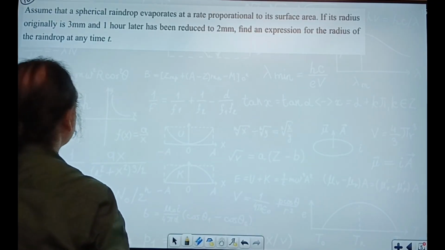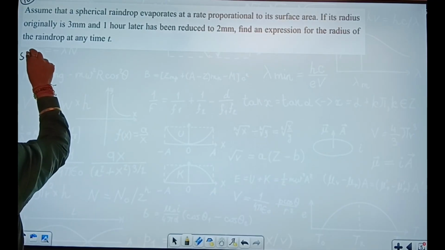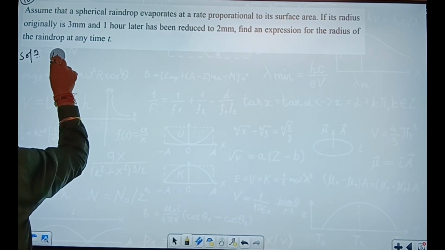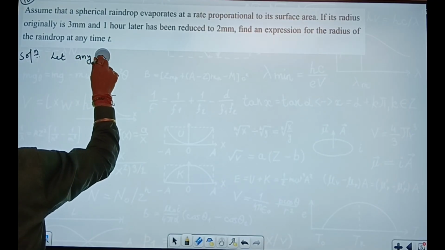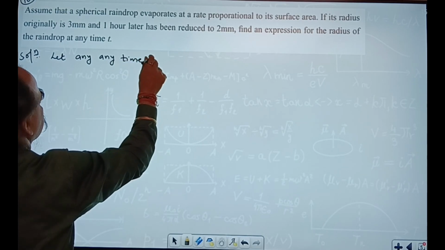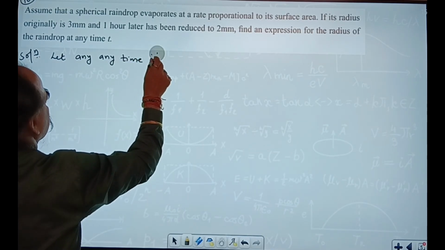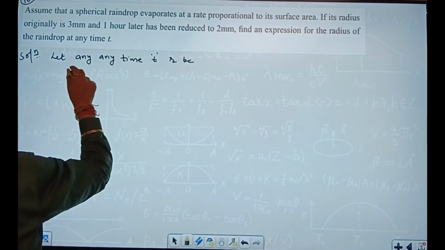Let r be the radius of the raindrop at any time t.